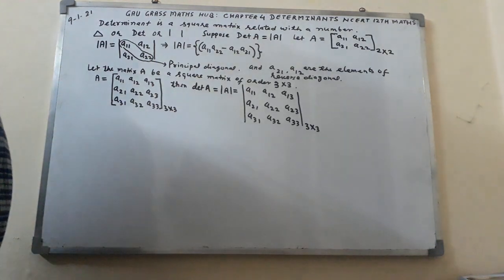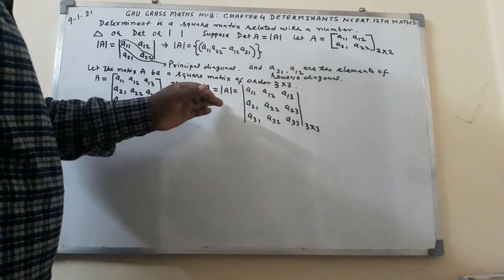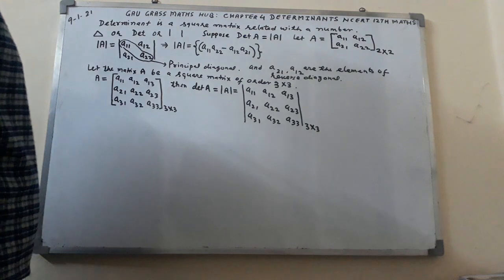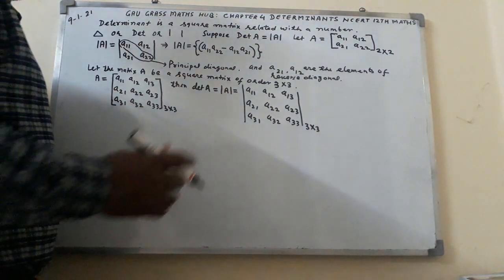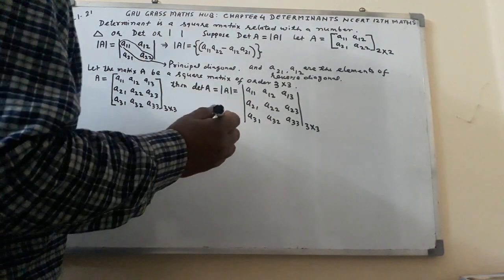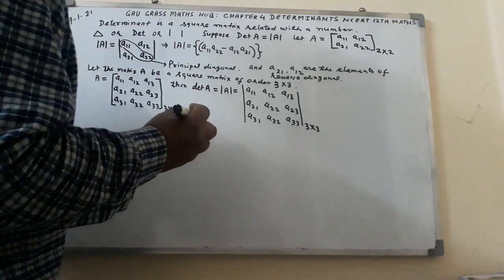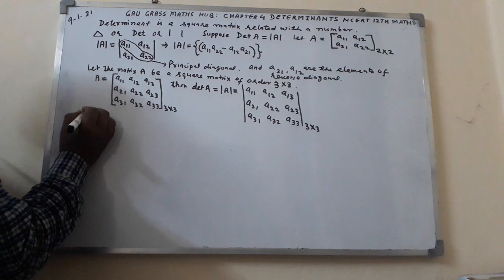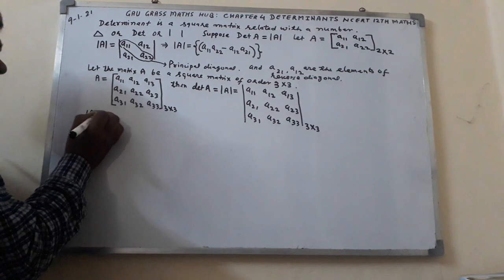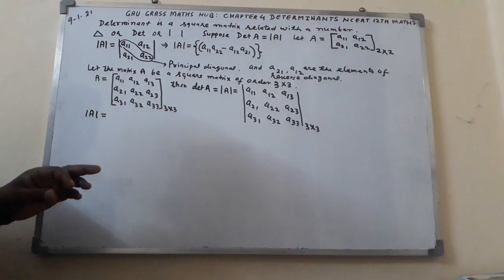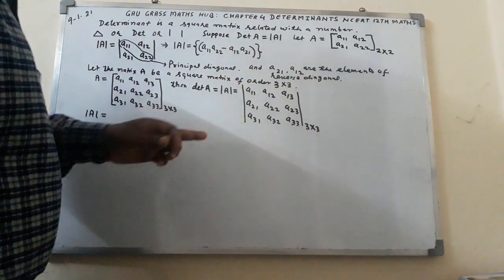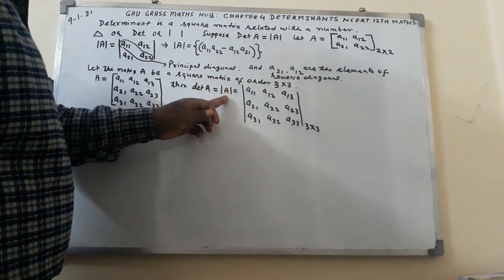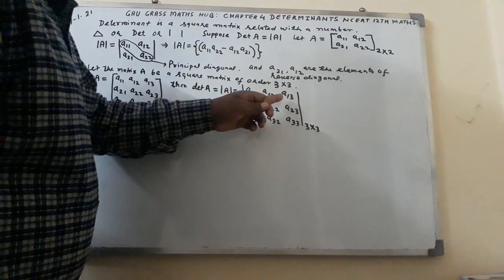So what to do next? Next I shall find the value of det A. I shall explain and elaborate det A here. det A comes out to be, on expanding det A along first row R1.